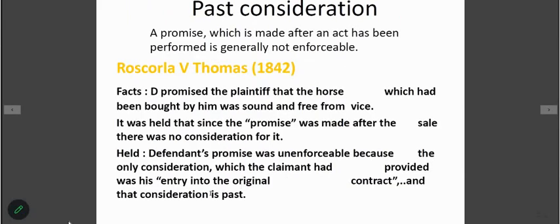A promise which is made after an act has been performed is generally not enforceable. You think about this case. That means you agree to do the job, but the contract hasn't been signed, and you want to claim the money from the client.